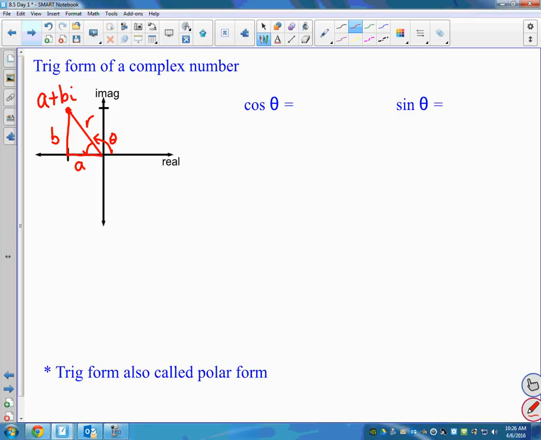What would the cosine of theta be? Cosine would be x over r, or a over r. If you solve that for a, just like we did for the vector part, that's the same as r cosine of theta equals a.